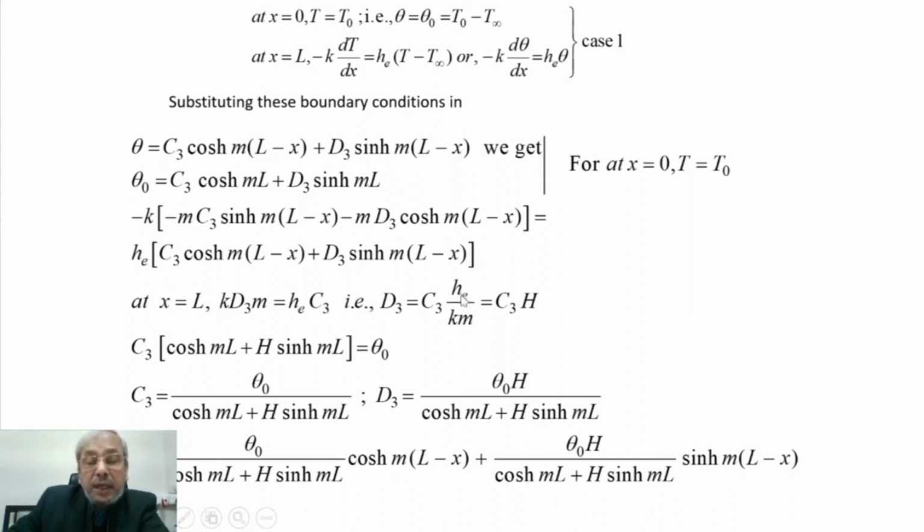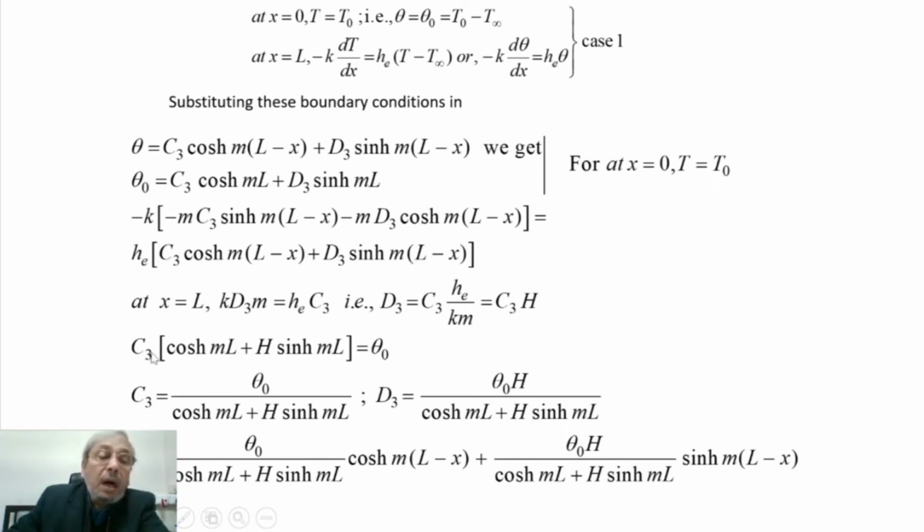He is the end heat transfer coefficient by thermal conductivity, into the m parameter, and this m is quite often called the fin parameter. So d3 is C3 into H. This is substituted as H.